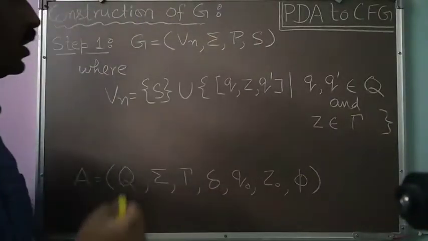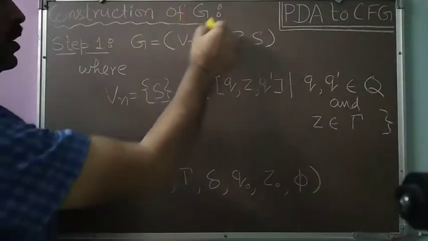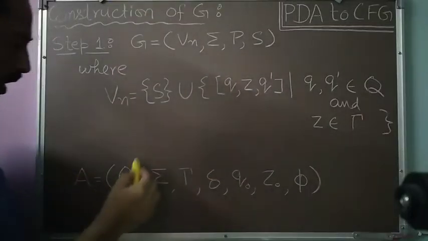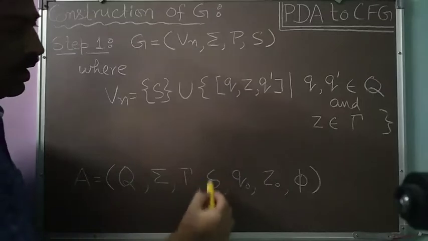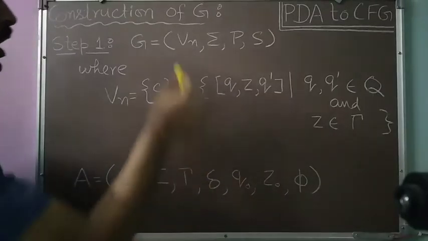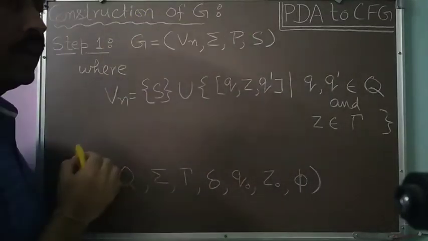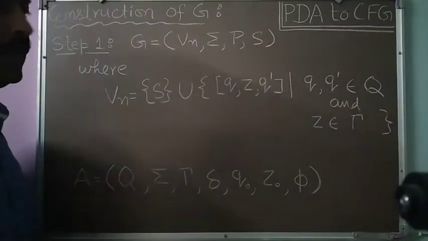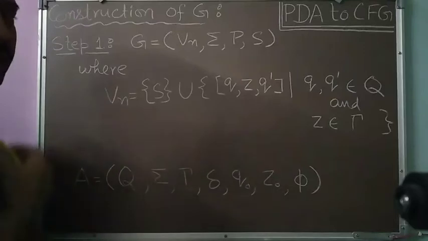Now we will discuss how we can construct a context-free grammar G corresponding to the given PDA A. A is given as (Q, sigma, rho, delta, Q0, Z0, phi), and we have to form the corresponding context-free grammar, that is G equal to (Vn, sigma, P, S), with the help of this PDA.